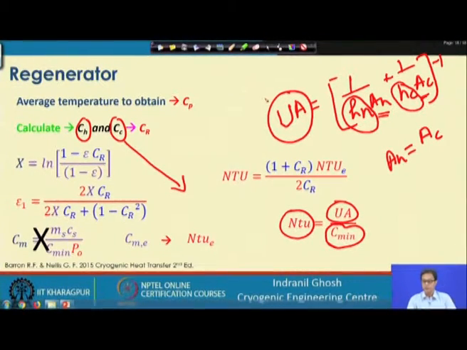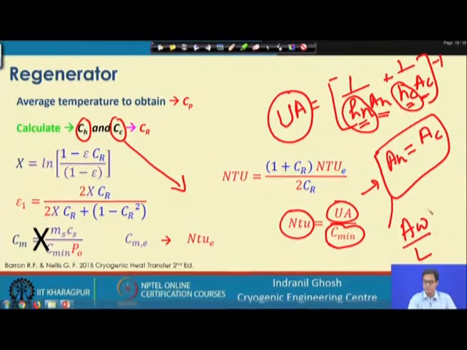Since we know this UA, and we have knowledge about HH and HC, we can calculate the heat transfer surface area corresponding to the hot fluid or the cold fluid stream. Once we know this surface area, we know the ratio of heat transfer area per length, generally in terms of AW by V0 corresponding to the packed bed of spheres or the wire screen mesh.